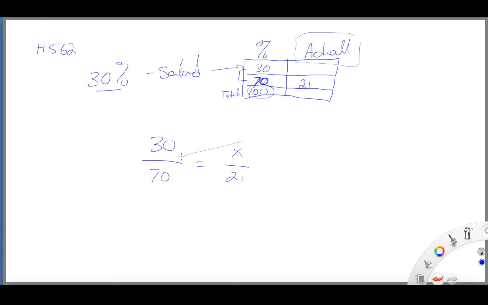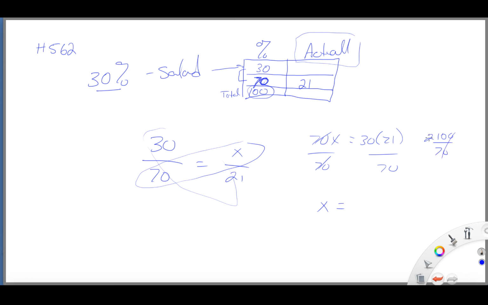If that's the case, then we can simply cross multiply. So we have 70x equals, and in this case 30 times 21. In order to solve for x, we divide by 70, we divide by 70, that cancels out, and so we're left with x equals this number. 30 times 21 equals 2100, and then we divide that by 70.